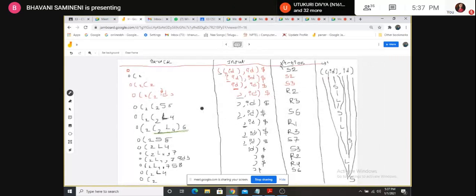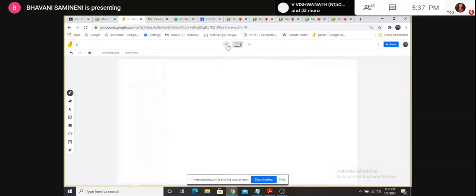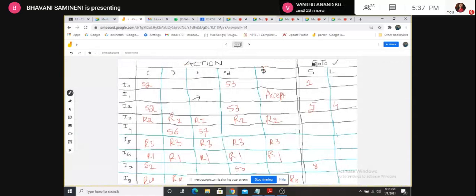Where we will get the difference is in the parsing table, which is going to have an action part and a goto part. The goto part will help you whenever there is a reduction, and the action part will help you if any transition is emerging from a particular state on a terminal. Clear? Any doubts?